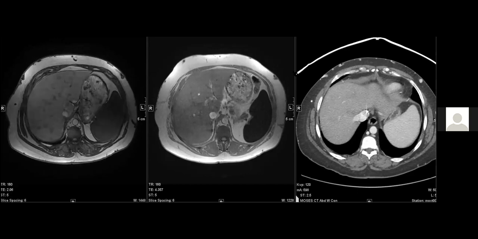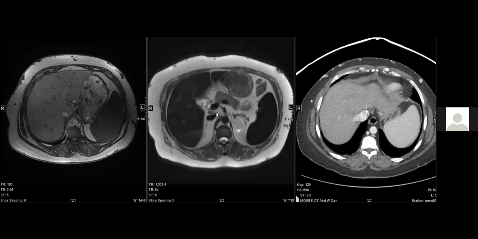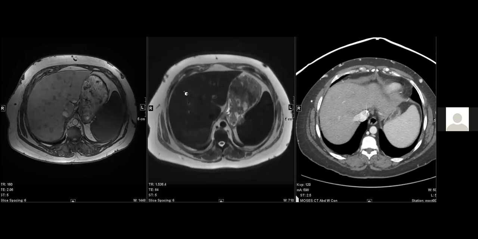Fatty nodules which mimicked mets. The reason they looked so scary on T2 is that there has to be some iron in this patient, although not enough to cause signal loss on the 1.5 Tesla scanner. Remember, 3 Tesla is more sensitive.